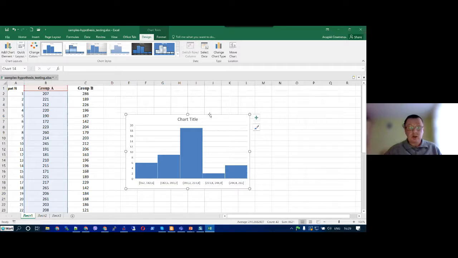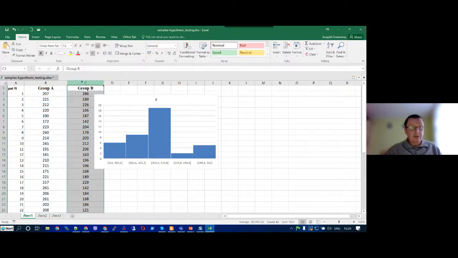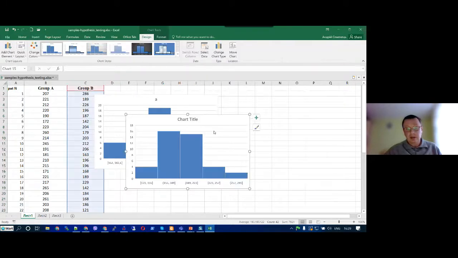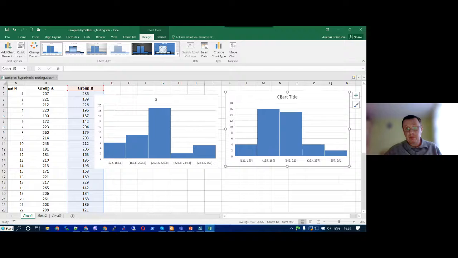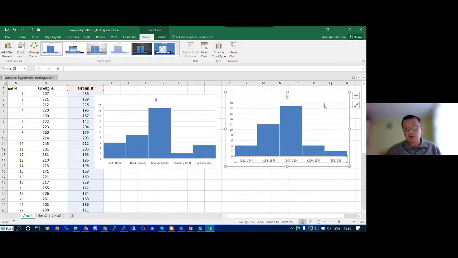And here I can compare group A with group B by using a histogram. Again, the same way for B, and I will adjust the same number of bins.